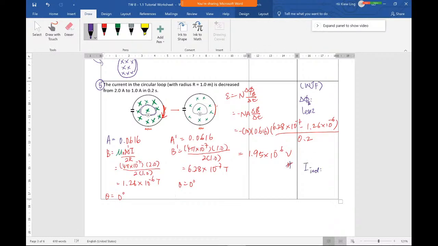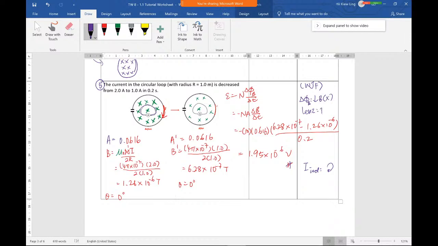Now use the rule to determine the direction. Just now Jungfui has already determined it is clockwise, so let's see how we get the clockwise. Since the current decreases, the magnetic field produced is decreasing, so the magnetic flux experiences a decrease. It is a decrease in the magnetic field going into the page.